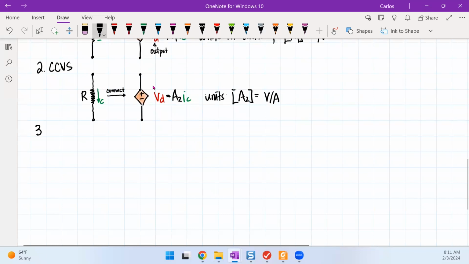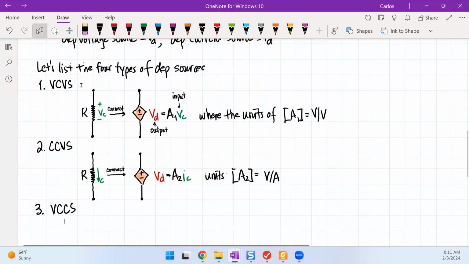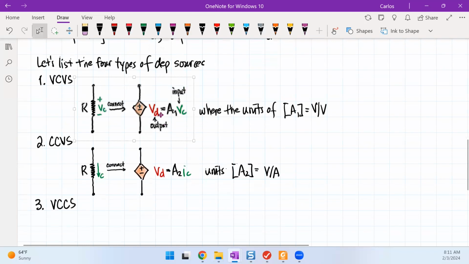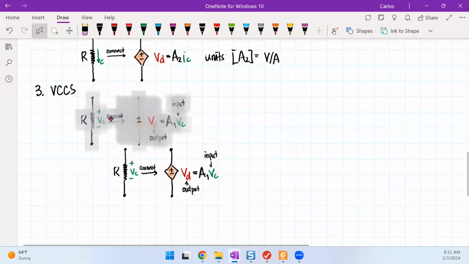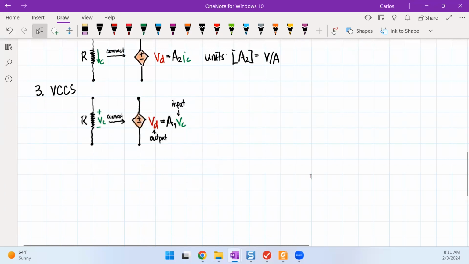Then the third one here, we're going to have a voltage controlled current source. Again, focusing on the resistor. And you know what? We've already done this. So how about if I just copy this and bring it down and then modify it? So if I paste this, I have this right here. Now I got to modify this.